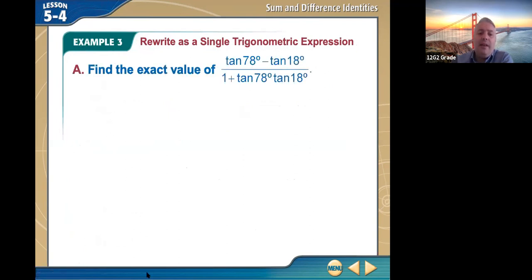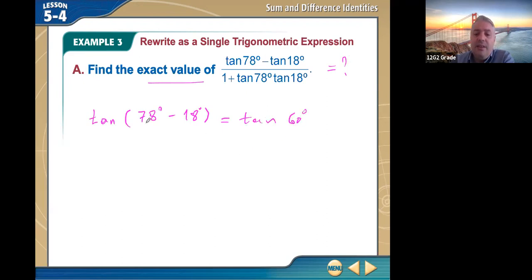Now, okay, my dears, this is an important thing here. When you look at it, is the question clear? Find the exact value of this. If you know the rule, it is so simple. Isn't this tangent of 78 minus 18, which is tangent of 60?